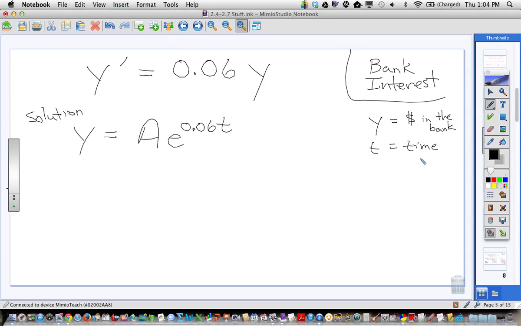Isn't that what interest is? You take 6% times the amount of money you have, and that's your interest. That's the amount your money's increasing, in dollars per year or whatever. So it's a very simple little formula and it makes sense. It's some constant, the interest rate, times the amount of money you have. That's the amount of money per year that your money is growing, the rate that it's growing.